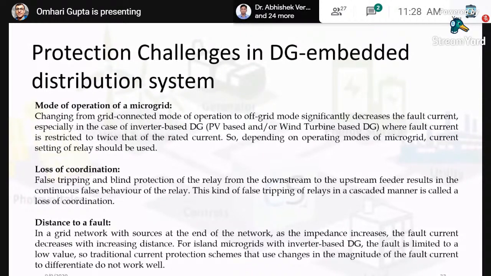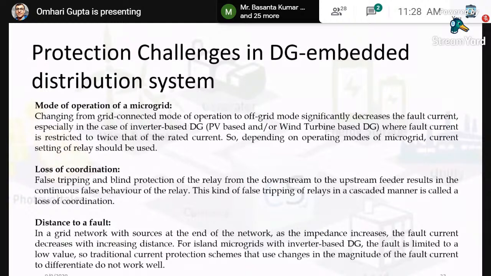So traditional current protection schemes that use changes in the magnitude of the fault current to differentiate may not work fine. So these are a few challenges when you connect your DG to the system, and the conventional or traditional approach of protection may be limited or may not work fine.